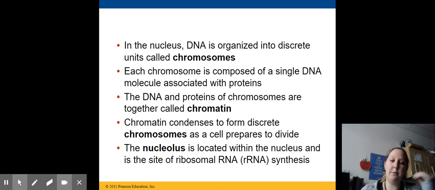The mixture of DNA and protein is called chromatin, and once it condenses into a rod-like shape, we know those as chromosomes. We will get more into chromosomes, chromatid, chromatin when we actually get into cell division. But the nucleolus is located within the nucleus and is the site of ribosomal RNA synthesis.